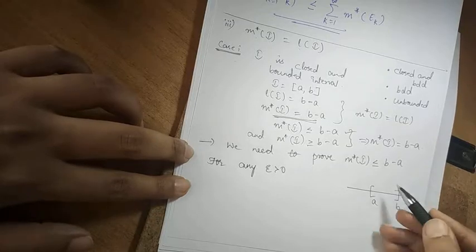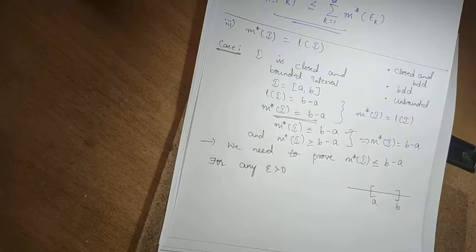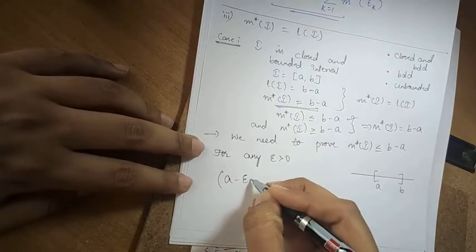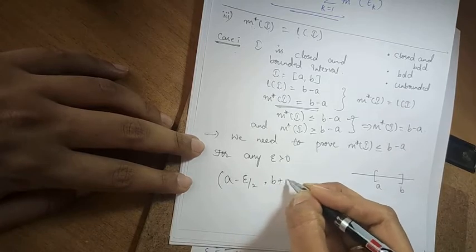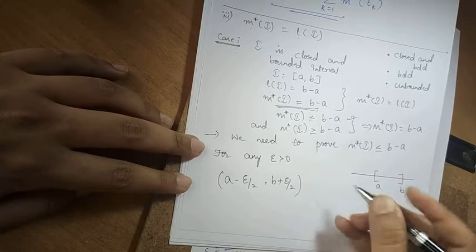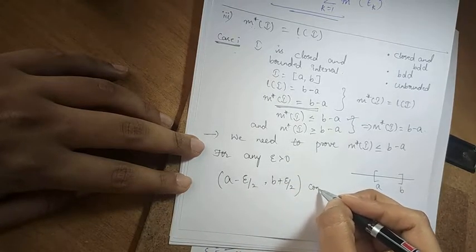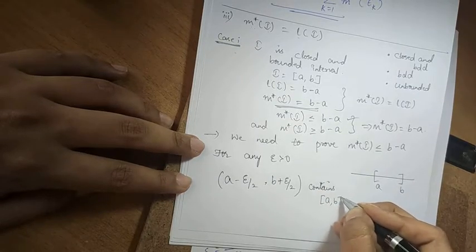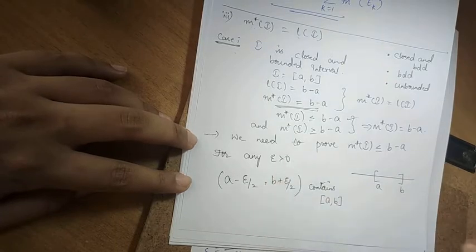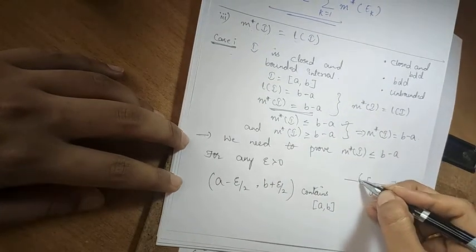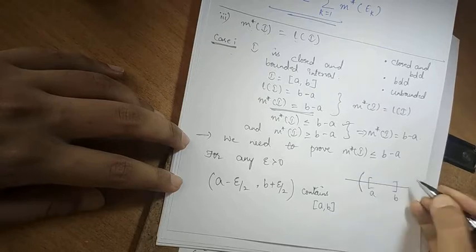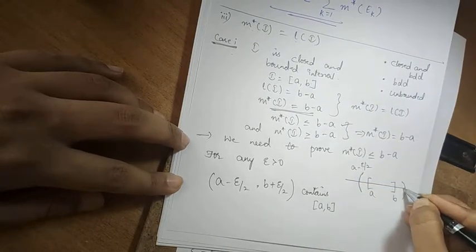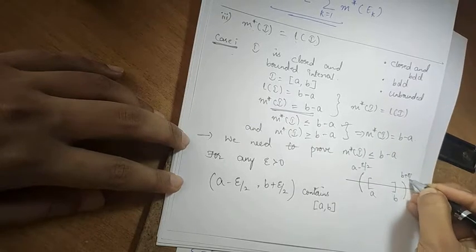For any epsilon greater than 0, this is my closed interval a comma b. I will say the interval a minus epsilon by 2 comma b plus epsilon by 2 contains this closed interval a comma b. So for any epsilon greater than 0, this will be a minus epsilon by 2 and this will be b plus epsilon by 2.